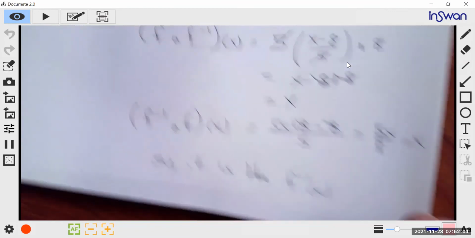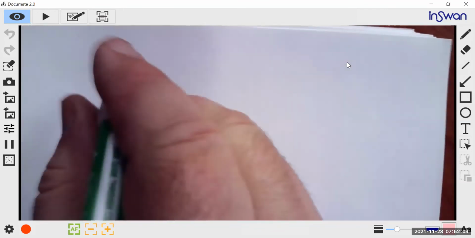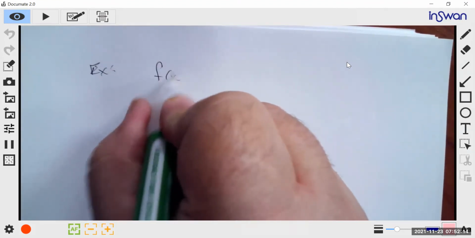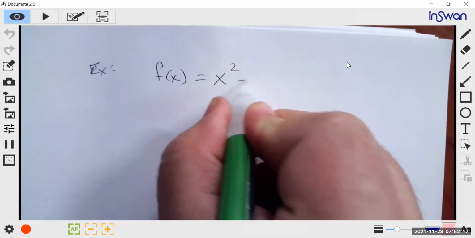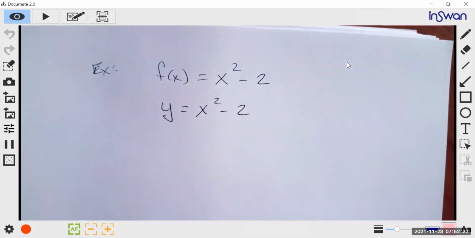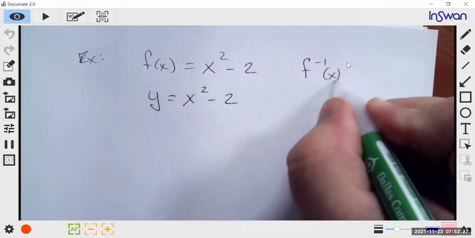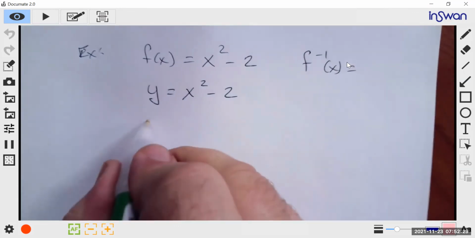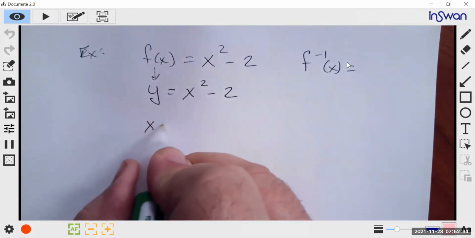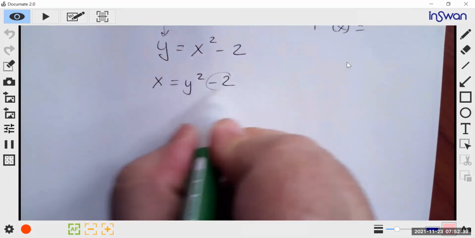Let's take another one. f of x equals x squared minus 2. So that's y equals x squared minus 2. We have to find the inverse. So first step, we change that to that, switch x and y, and solve for y.